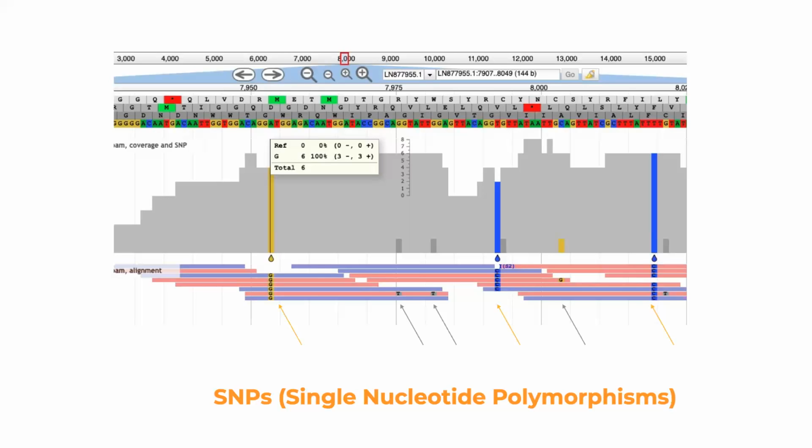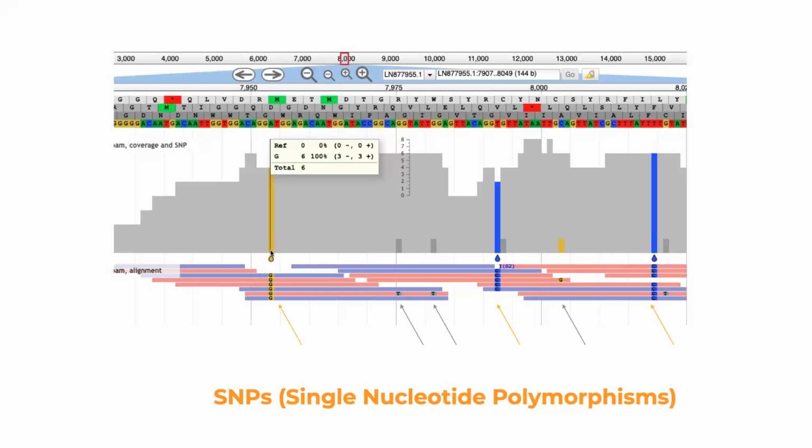Okay, what else do you know about SNPs, mutations, and variants? Any other guesses?